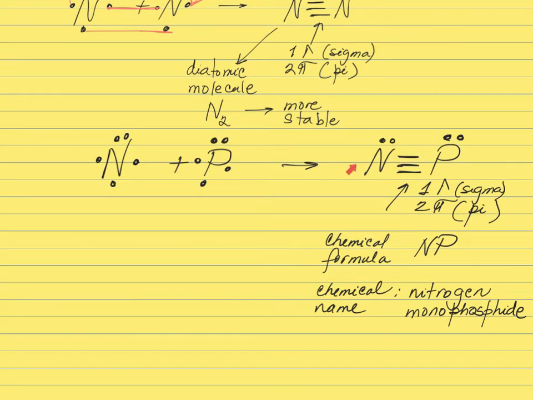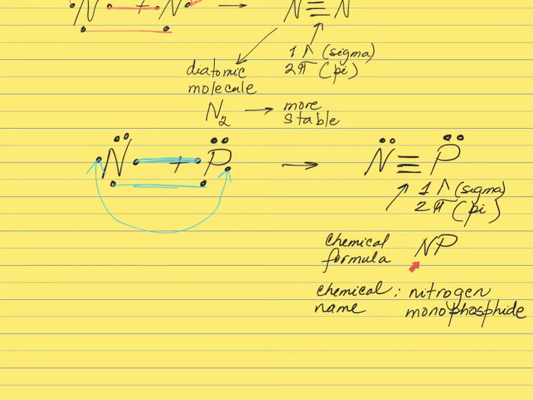So one more time, let me draw that over here. They are sharing 1, 2, 3 pairs of electrons. One is a sigma bond, the other 2 are pi bonds. Which one is sigma, which one is pi? It doesn't matter because you're not going to be doing that on the test. Now, since you have 1 atom of nitrogen and 1 atom of phosphorus, this is the chemical formula.